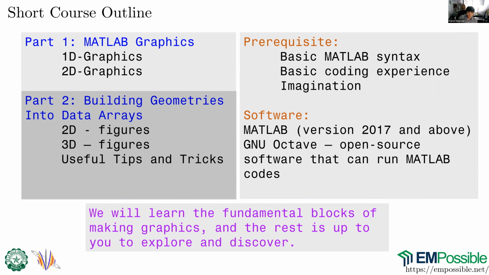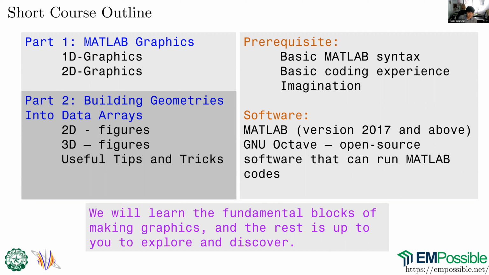As of now for DLSU students, the available license for MATLAB would be R2022a or b, I think. That's the latest version of MATLAB, so there's nothing to worry about. And for people that don't have any access to MATLAB, we have an open source software called GNU Octave that can run MATLAB codes.